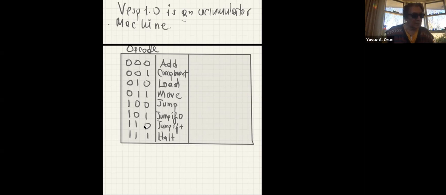So what that means is that we have this thing called a register, okay? But it also has on top of it a co-accumulator, which is what we call register B, okay?